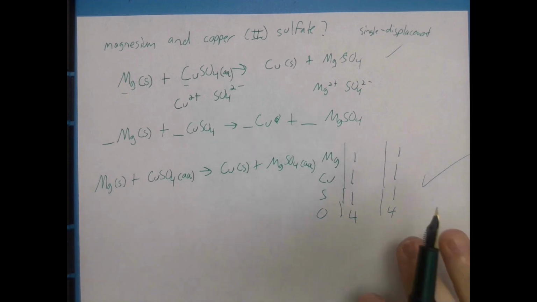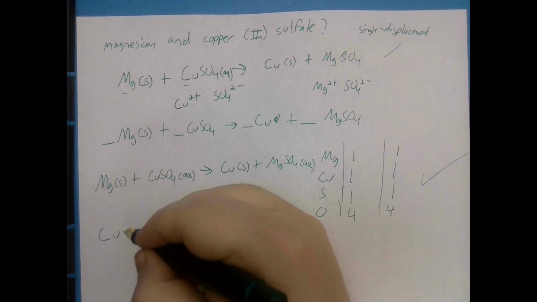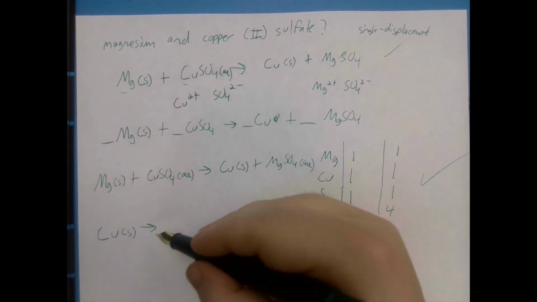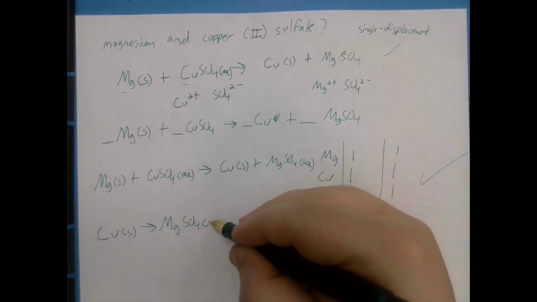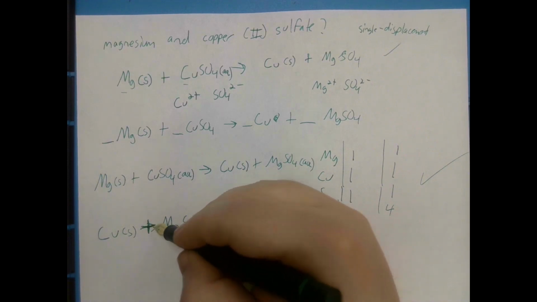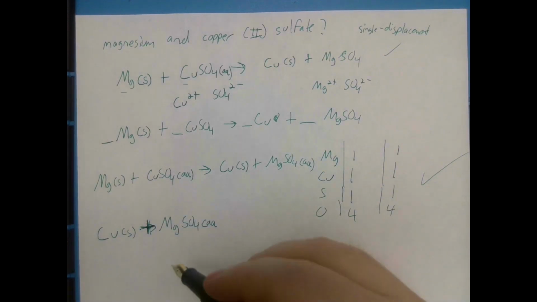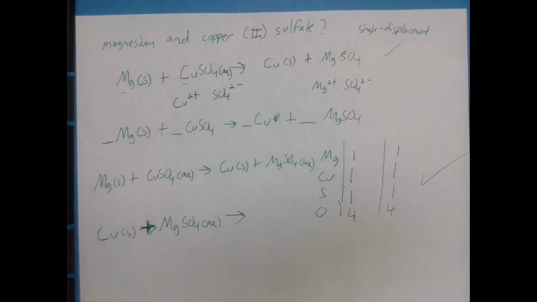So here's a question. I'm going to switch this equation around. And that should be a plus. So copper mixed with magnesium sulfate. What type of reaction is this?